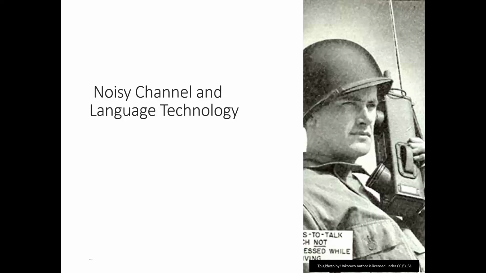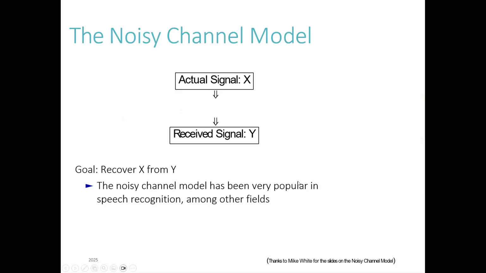Okay, so here we go, kind of laid out here. We have an actual signal, somebody saying something, or somebody's trying to spell something, type something. This could be a walkie-talkie saying something, or it could be speech recognition. This is actually where it got started. It was first applied to speech recognition. So we didn't look at it when we looked at speech recognition, but now we're looking at it, and you'll see it appear again, like in machine translation.